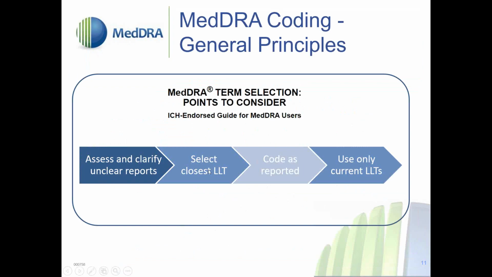Coding is done at the LLT level, and the LLT that most accurately, most specifically reflects the reported incidents and events should always be selected. Nothing should be interpreted, added, and no relevant information should be omitted. This is the basic rule, code as reported. And of course, only current LLTs should be used for ongoing coding.